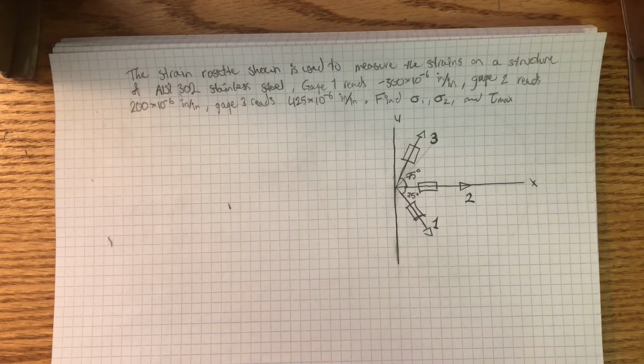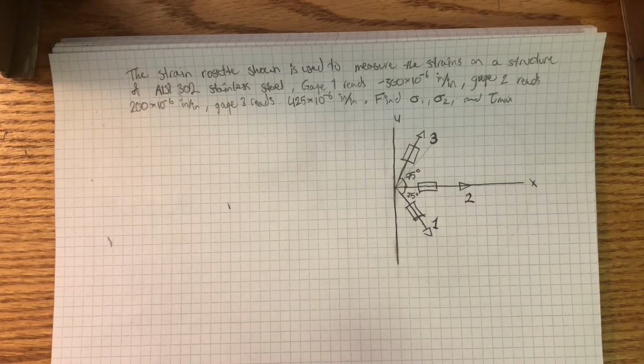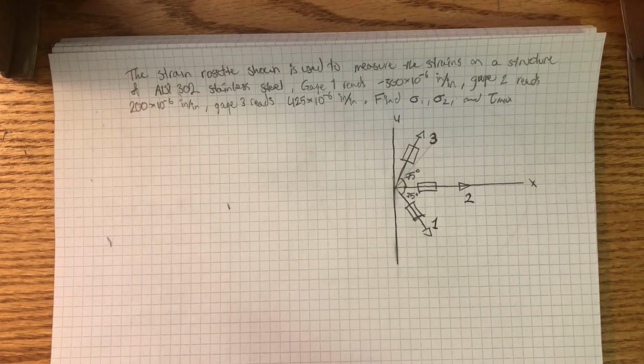So that inch per inch measurement, it's technically unitless, but we use that to identify strain because it's essentially deformation over original length. That's just how we define strain. So we are going to use those values to find the principal stresses, the maximum and minimum stress, and the maximum shear stress.